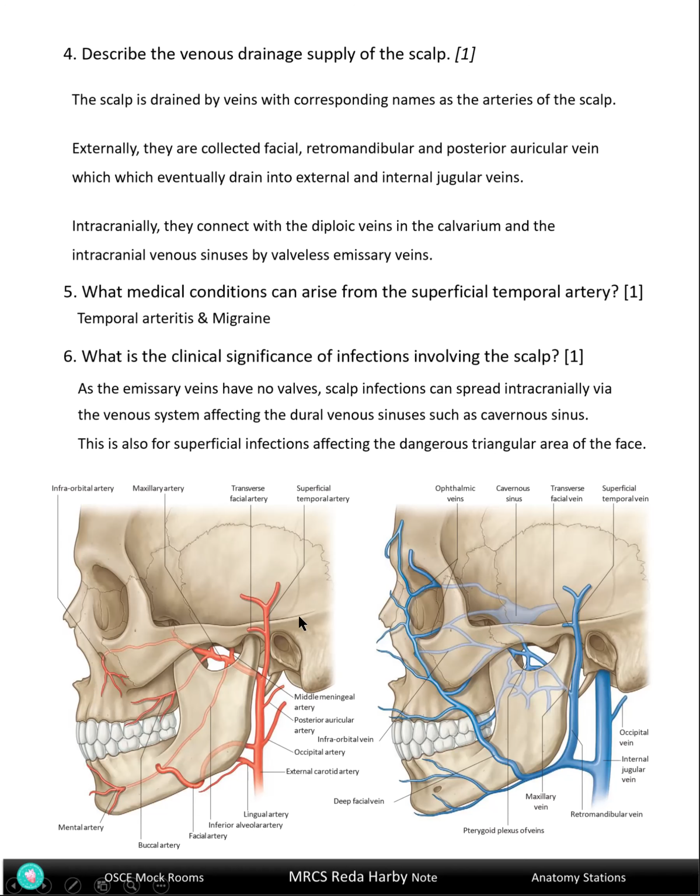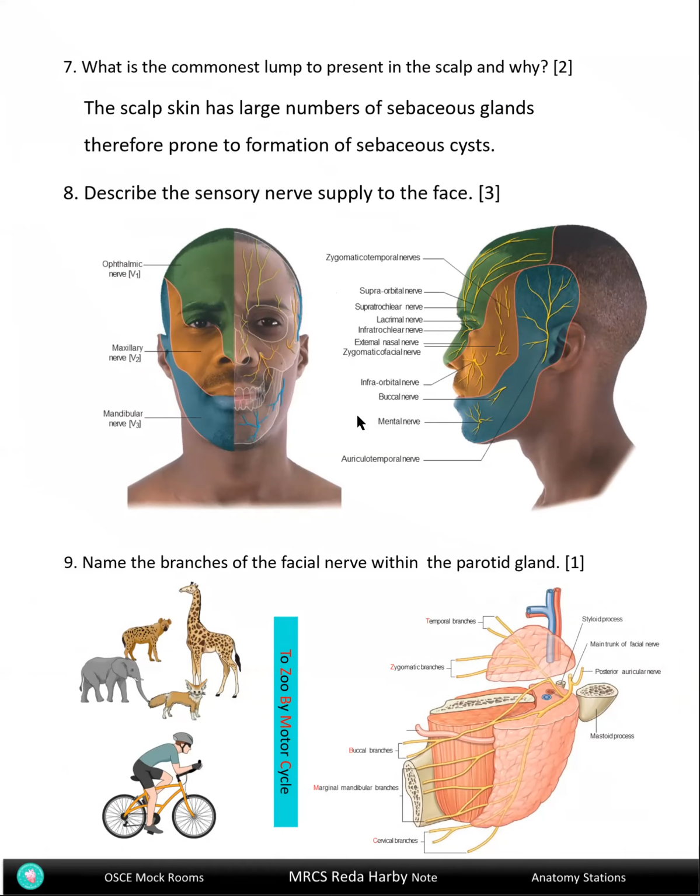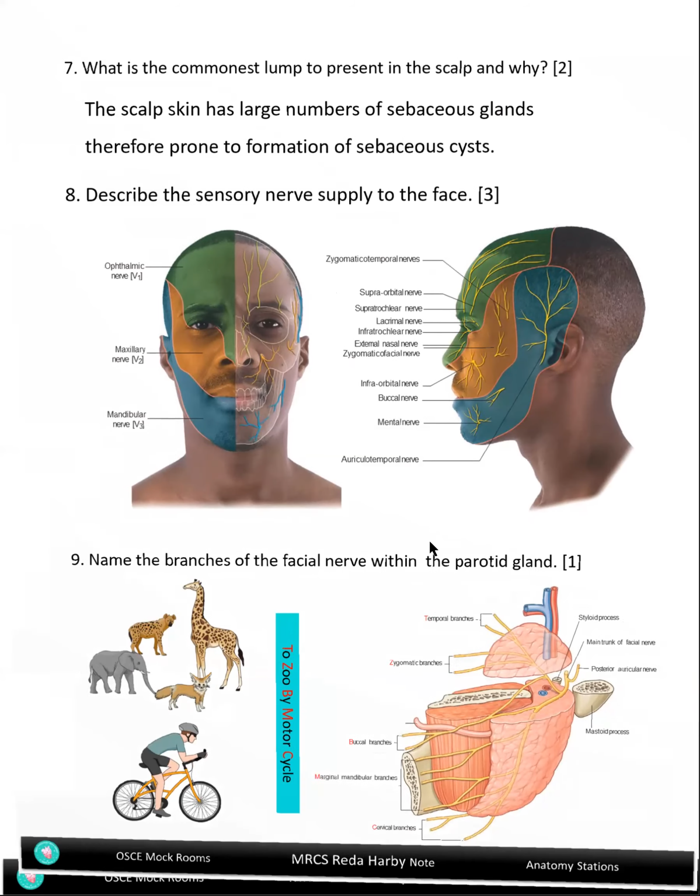And as you said, the emissary veins of the scalp have no valves, so scalp infections can spread to the dural venous sinuses, causing cavernous sinus thrombosis and infection. Okay, excellent.